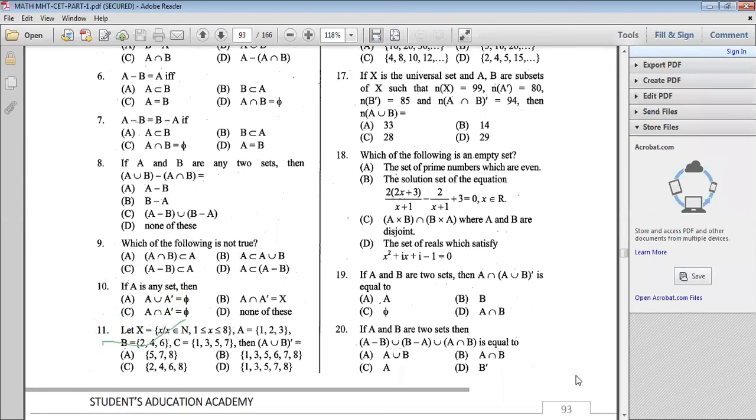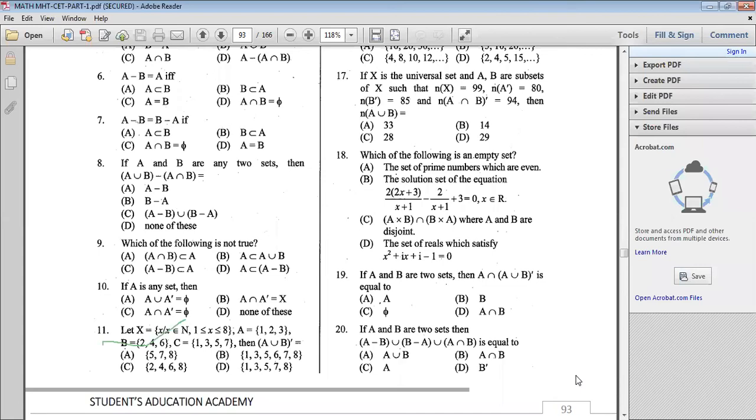Universal set is given as X, where X belongs to N, 1 less than or equal to X less than or equal to 8.